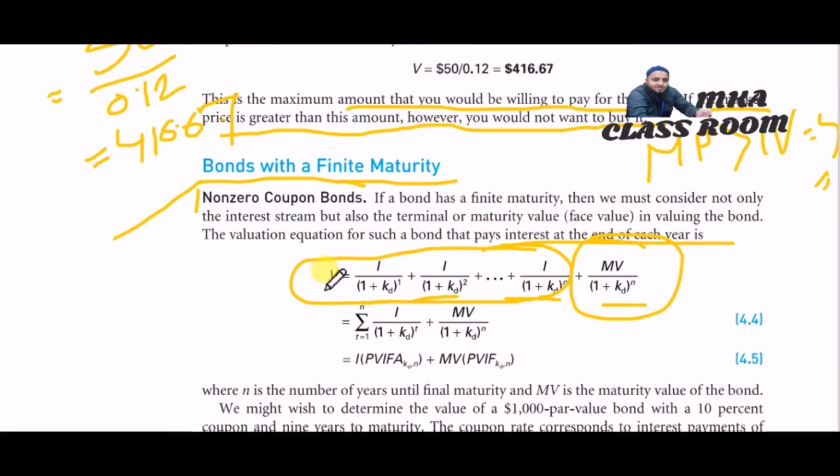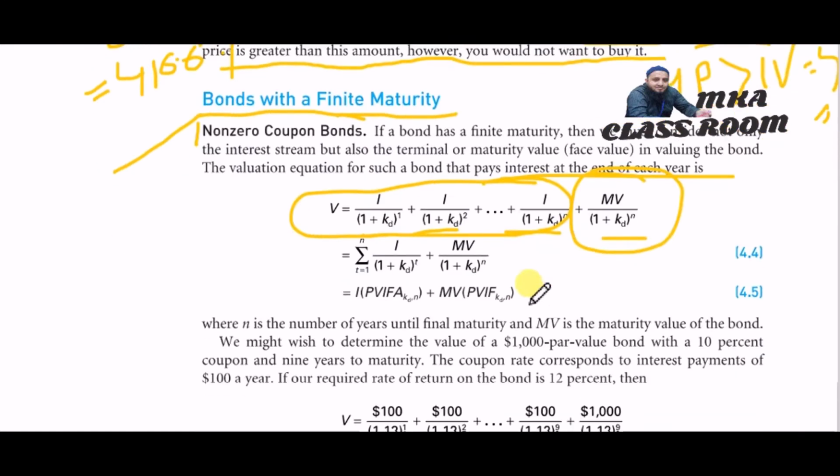So it is clear that the formula is the summation of I divided by (1 plus Kd) to the power t, plus MV divided by (1 plus Kd) to the power n.